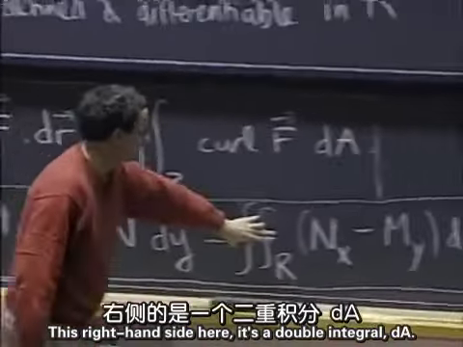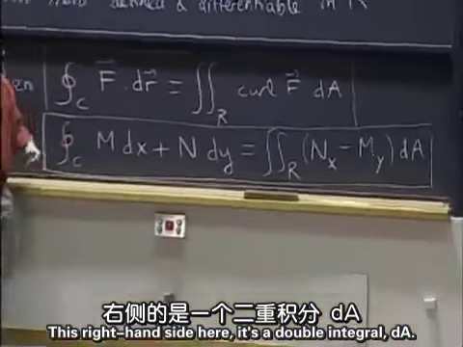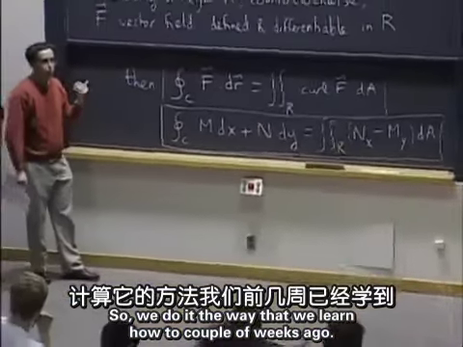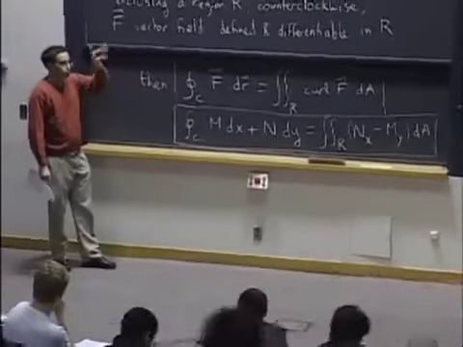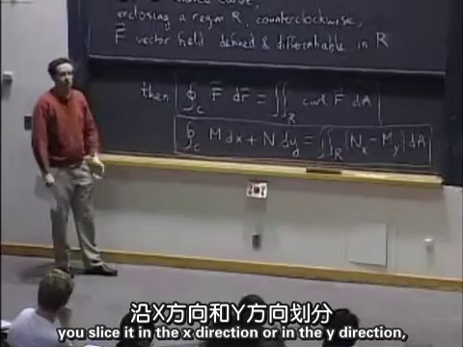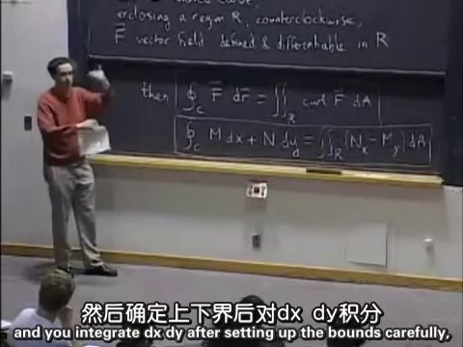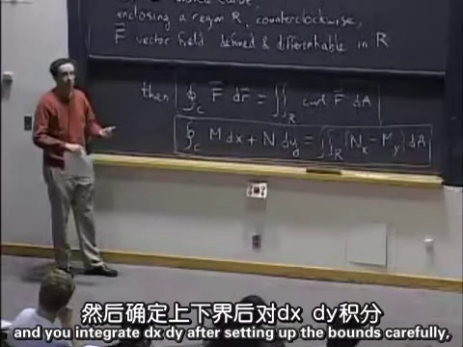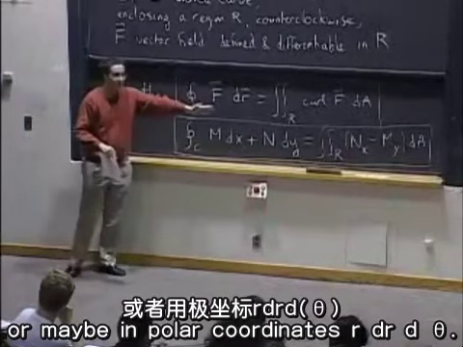This right-hand side here, it's a double integral, dA. So we do it the way that we learned how to a couple of weeks ago. You take your region, you slice it in the x direction or in the y direction, and you integrate dx dy after setting up the bounds carefully. Or maybe in polar coordinates, r dr d theta.